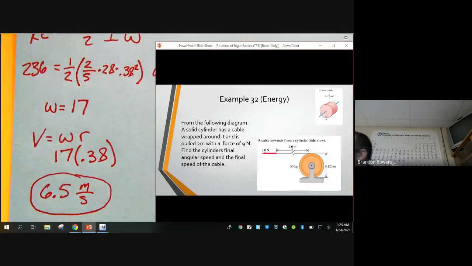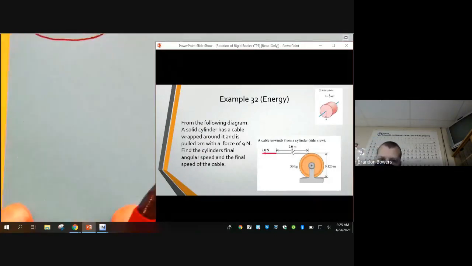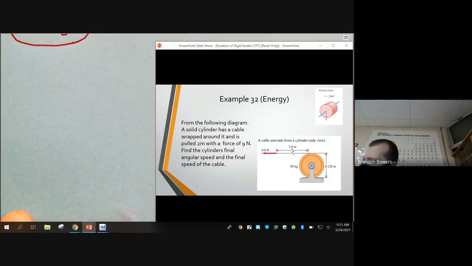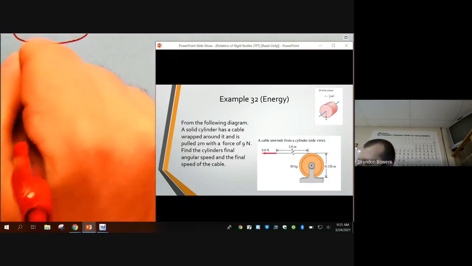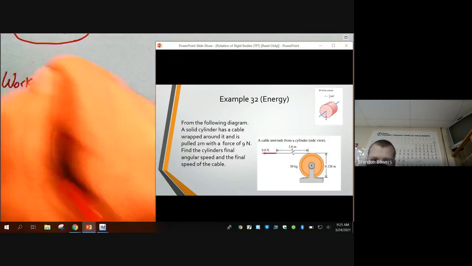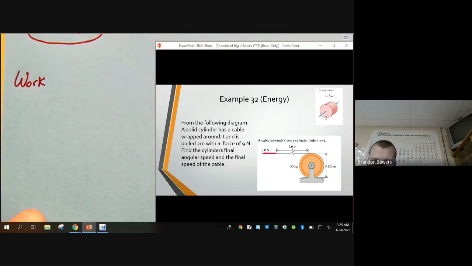And move my meeting spots up a little bit. What you have to think about here is work.